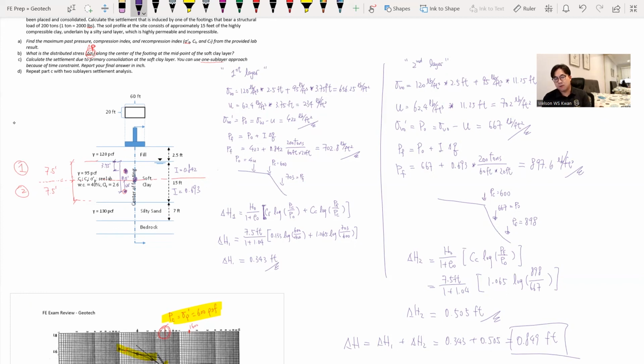Could be 0.1 feet or 0.2 feet, or even down to maybe 0.1 inch or 0.3 inch, depending on your design or how sensitive your structure is to the settlements. But at the end of the day, manually, I recommend you try maybe even 3 sublayers and see what results you get.